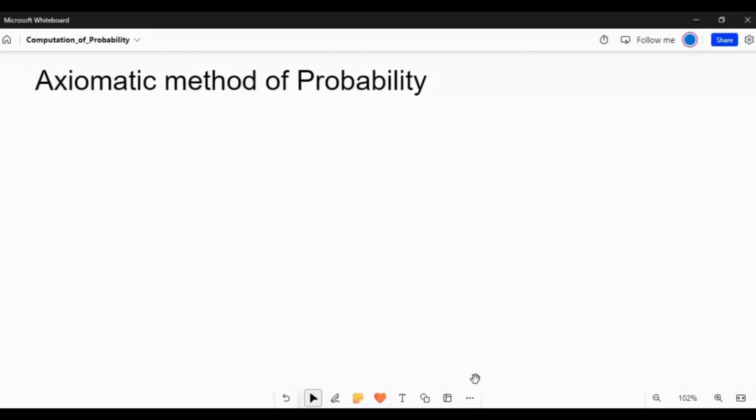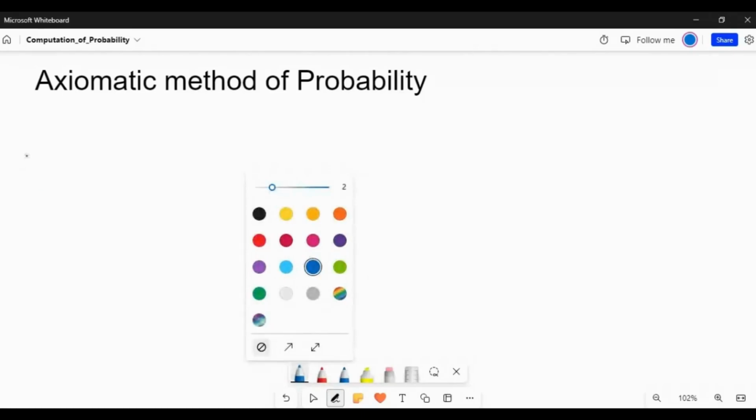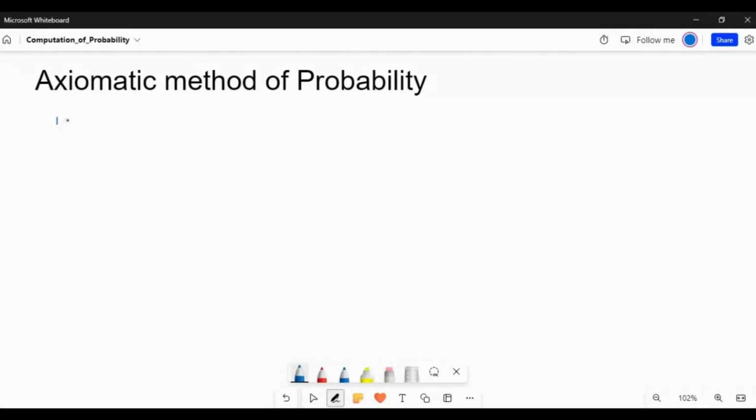Now we will see what the properties of probability are. The first property is the non-negative property: for any event A, probability of A is greater than or equal to 0.